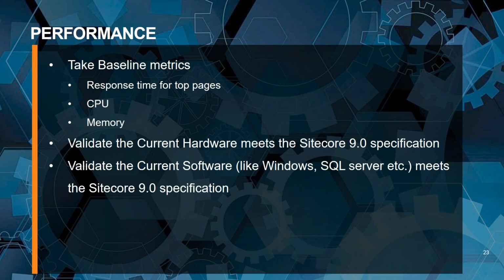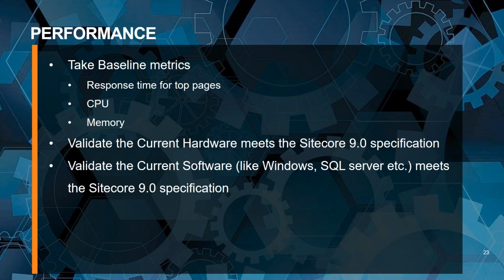Another major thing we heard is that site performance went down after the upgrade. So our recommendation is to benchmark the current metrics. Perform performance testing and note down all the response times. For my home page right now, it's loading in 2 seconds.